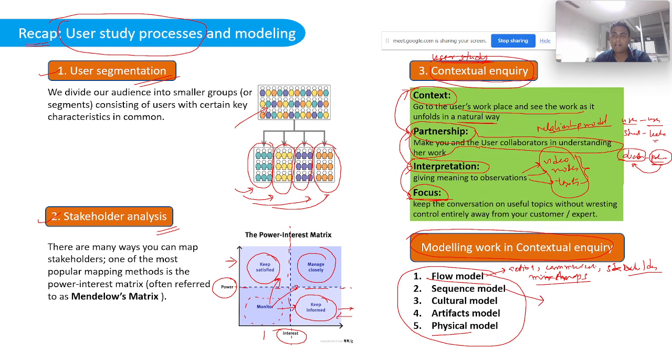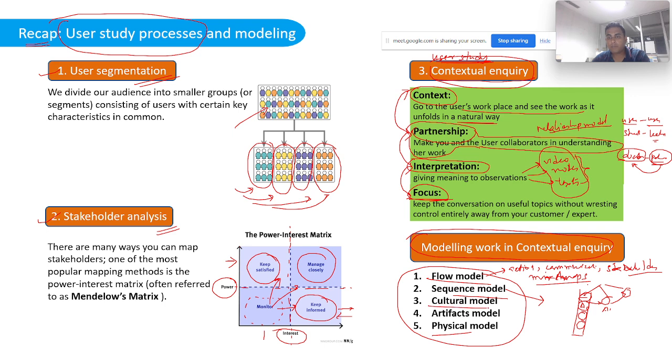Okay, similarly the sequence model defines a particular task of a flow model. So if a flow model has a lot of activities like this, so these are activity 1 to activity 2 transitions, a sequence model gives detailed information about what the sub-steps are in a particular activity.